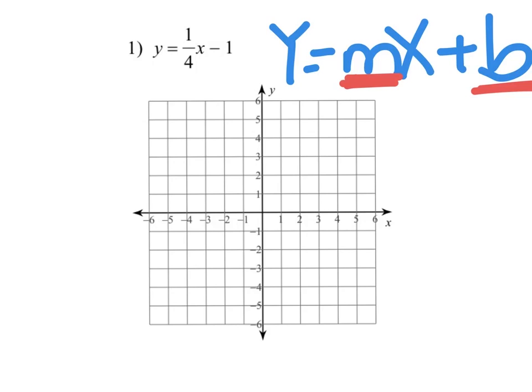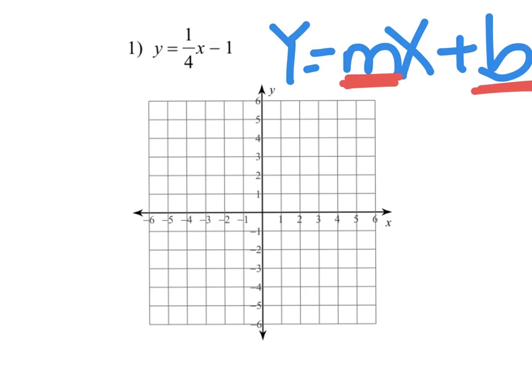So first of all, what we need to do is identify in our equation which one is m and which one is b. In number one, 1/4 is the slope and -1 is the y-intercept.